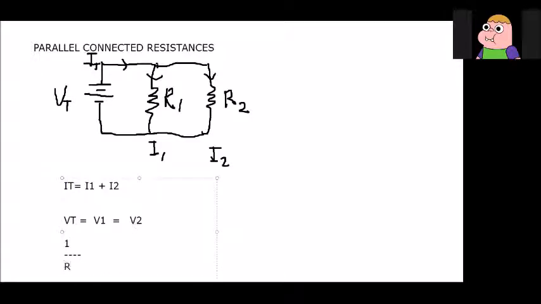So R total is equivalent to the reciprocal of the individual resistances.